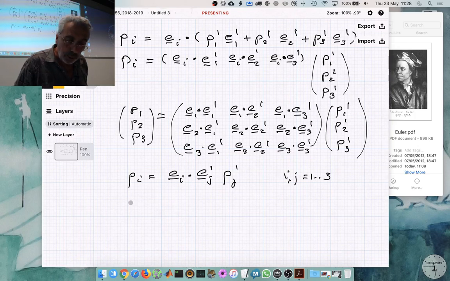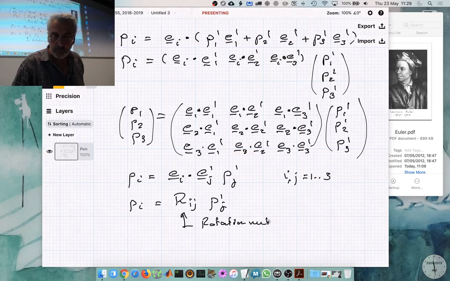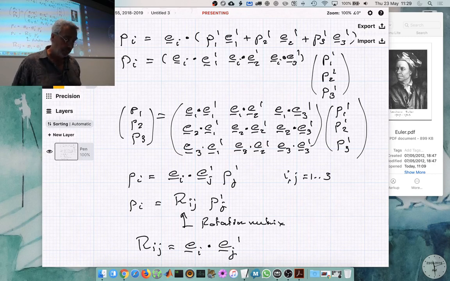So it tells us, these components, I have a matrix Rij times P prime j. And this guy we then call the rotation matrix. Or in other words, this rotation matrix Rij is Ei dot product with Ej prime, by definition.